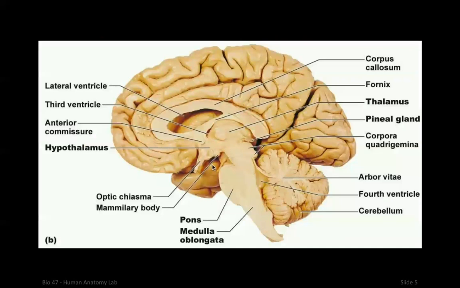To review, the ventricles are those hollow spaces around which the brain is organized, and they're interconnected chambers that have cerebrospinal fluid traveling through them.